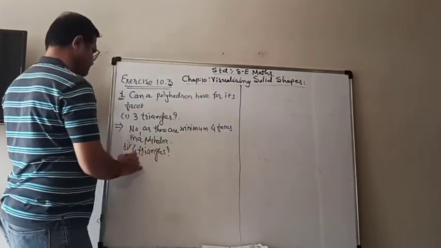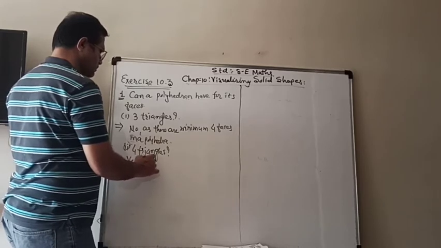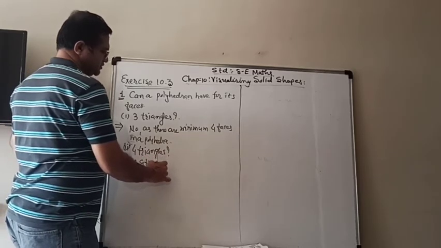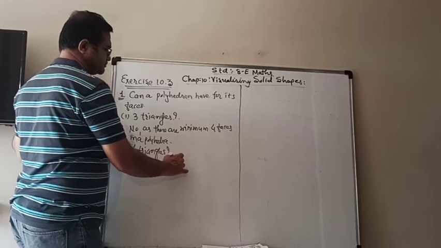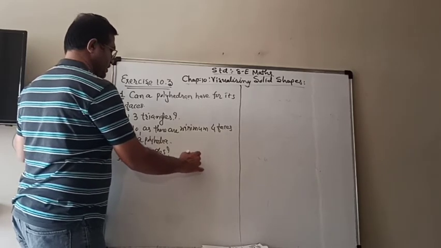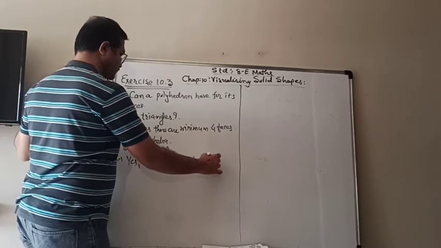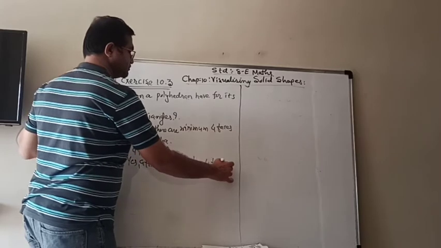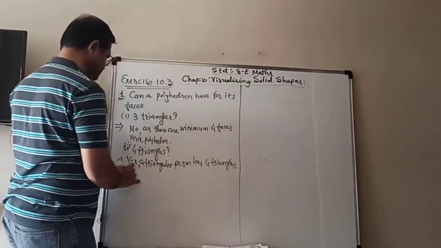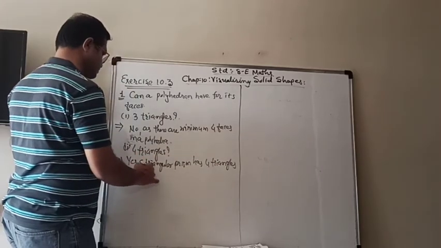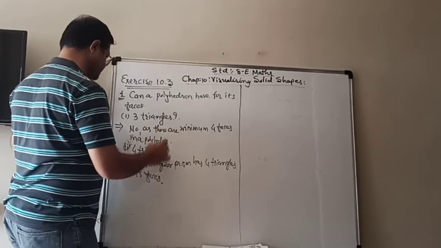So yes, a triangular pyramid has 4 triangles as its faces.